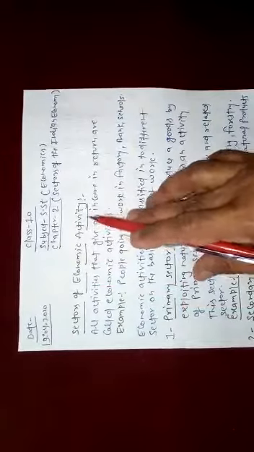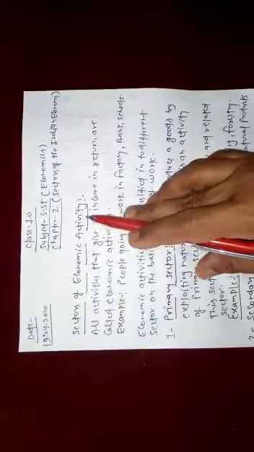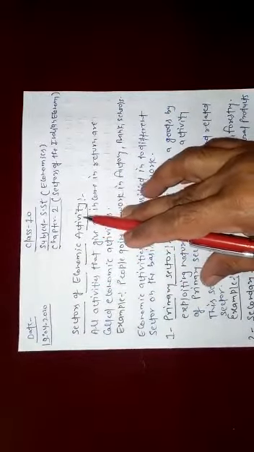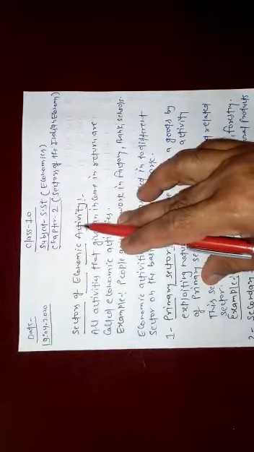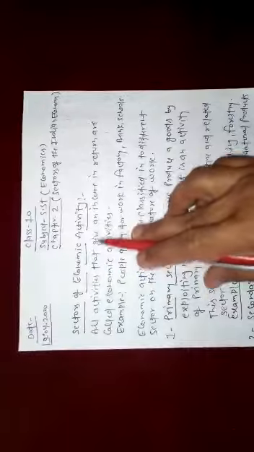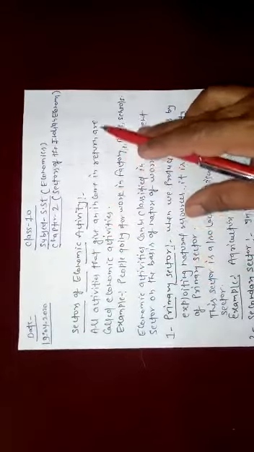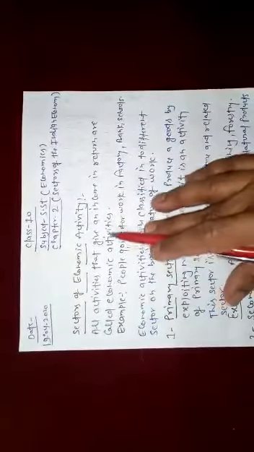Economic activities are basically related to income or earning. When we earn something, this is called an economic activity. All activities that give an income in return are called economic activities.